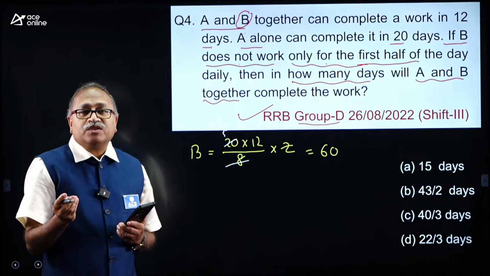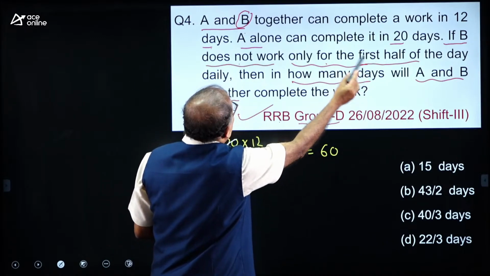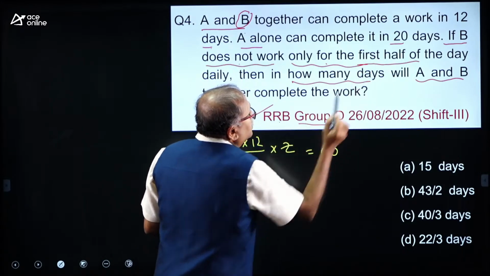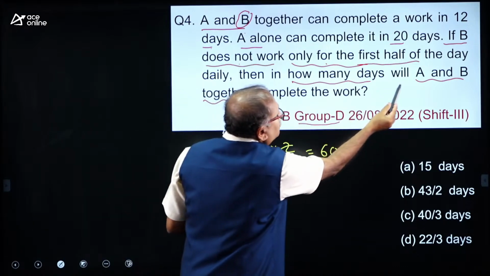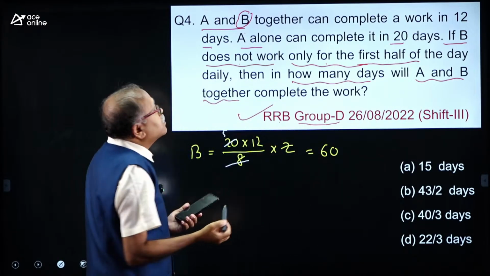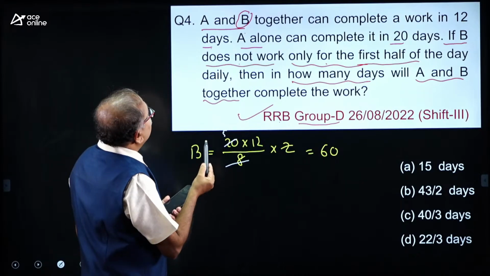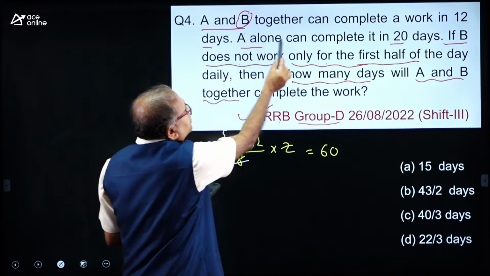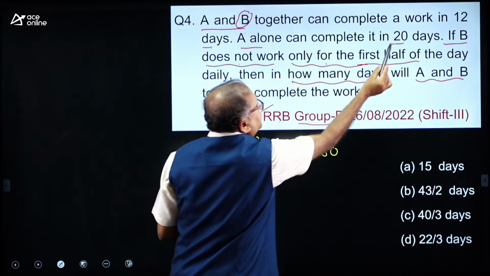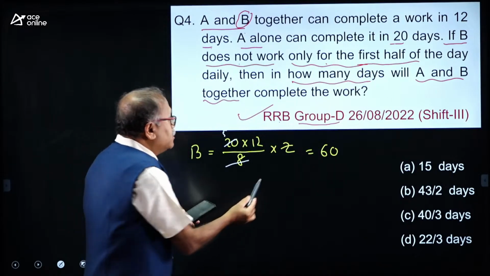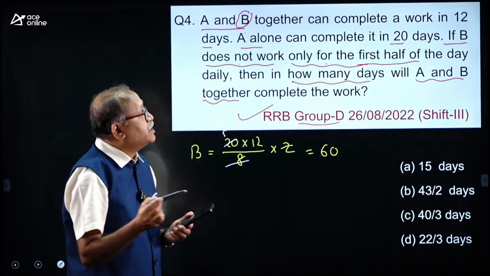Now I came to know B takes 60 days, and A plus B is already 12 days. Then in how many days will A and B together complete the work? A and B together can complete the work in 12 days. A takes 20 days, and B will be taking 60 days because he works half of the day.